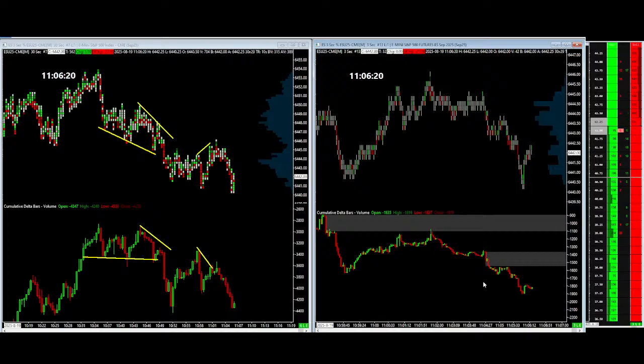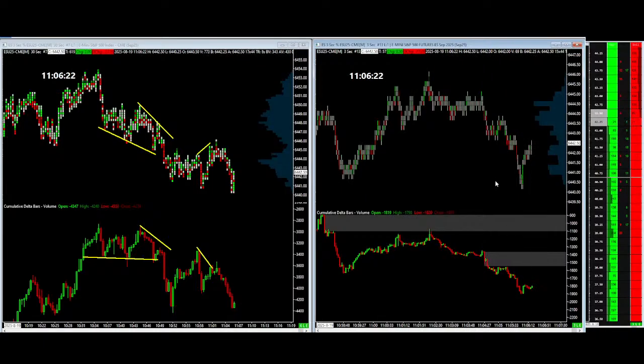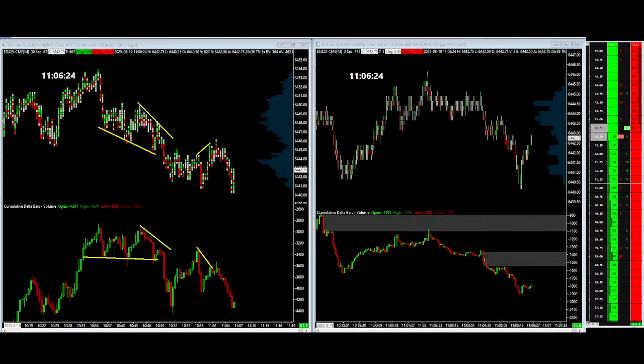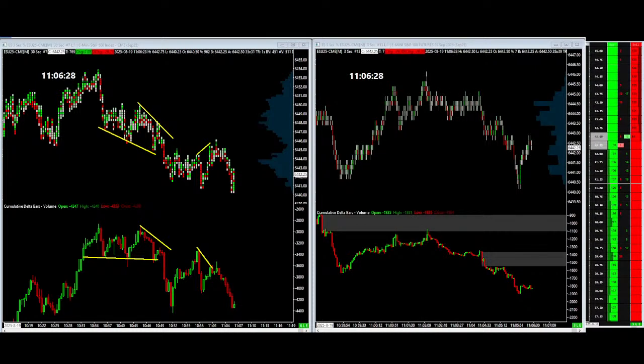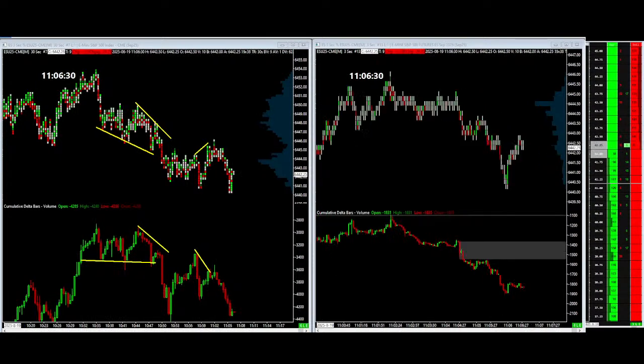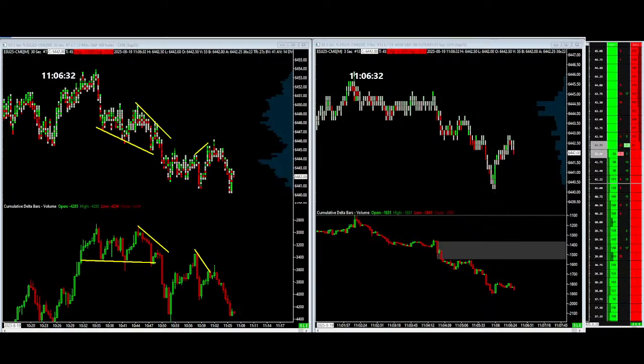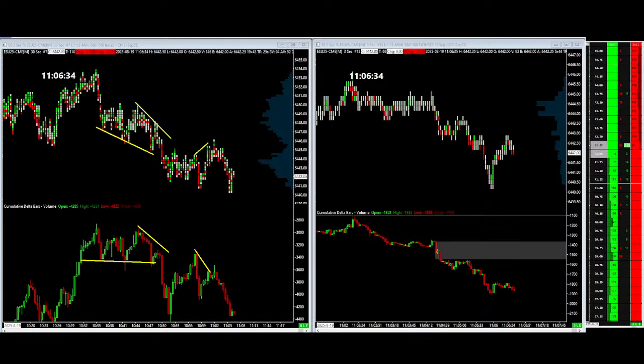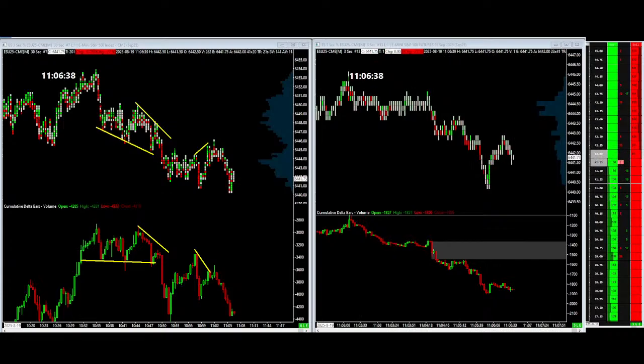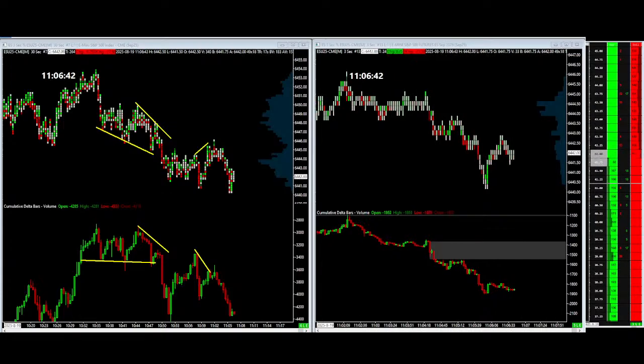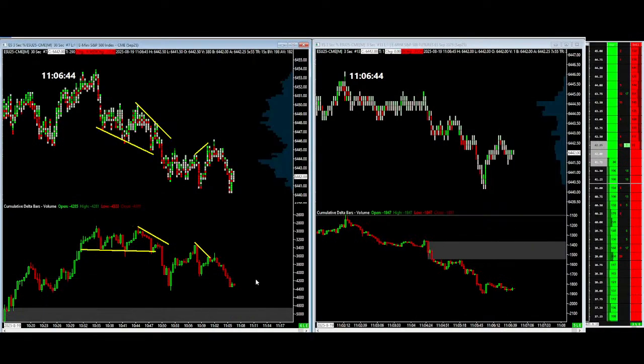We know we got upside advantage, potentially. Zoom in a bit. So we know they're giving us mostly a down signal with the spoofing.